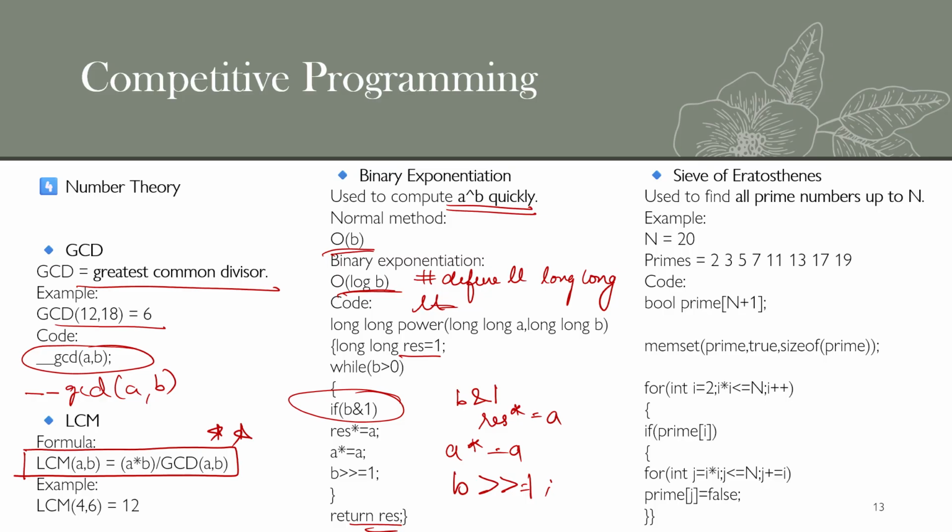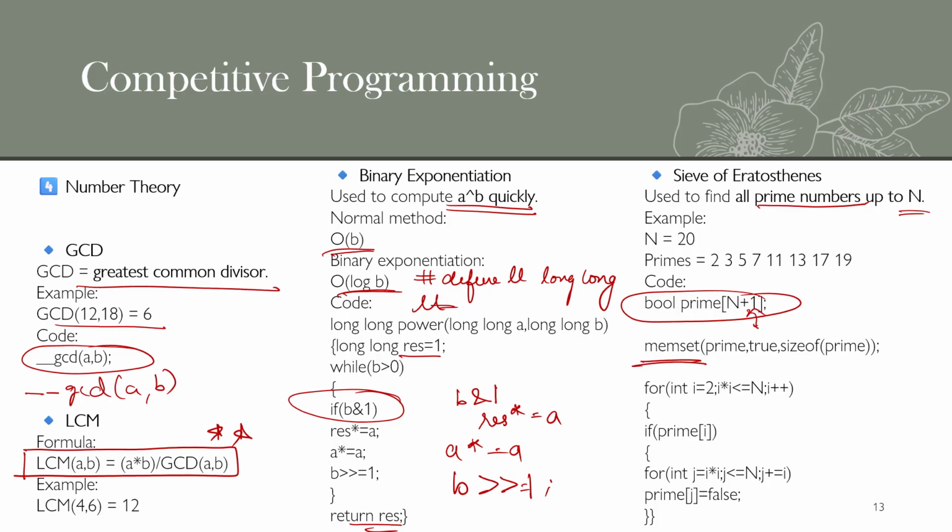Then we have the sieve of Eratosthenes. It is used to find all prime numbers up to n. Here we use a bool prime array, a Boolean array of n plus 1 size.